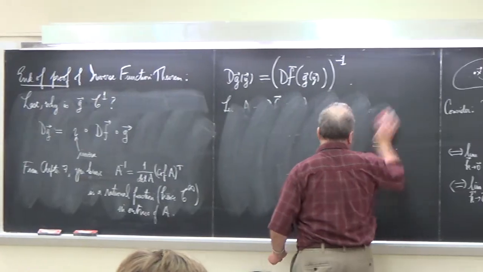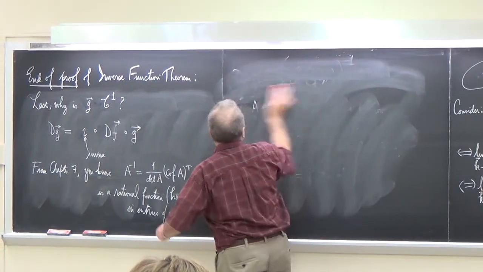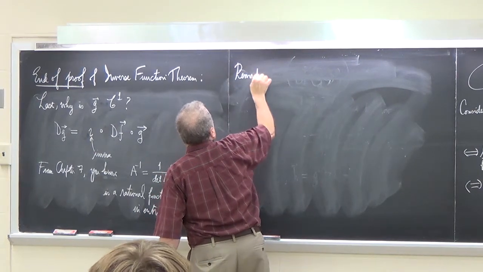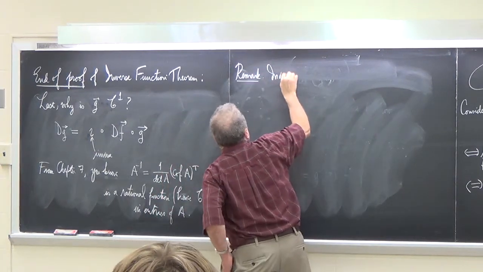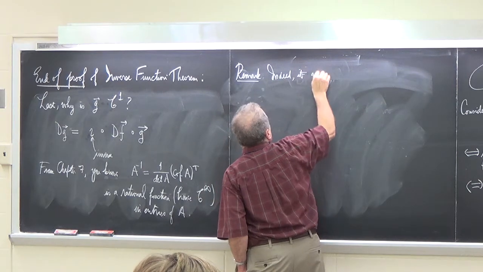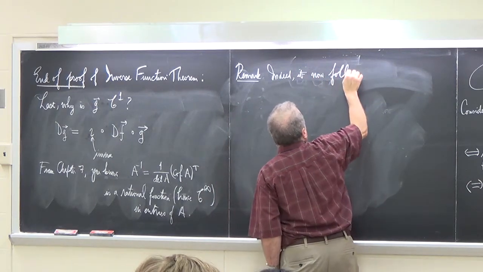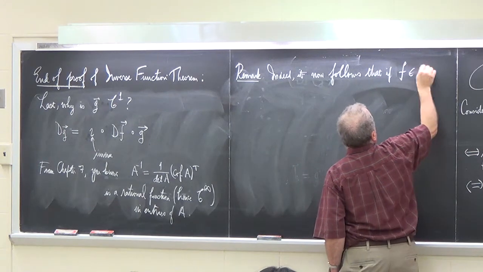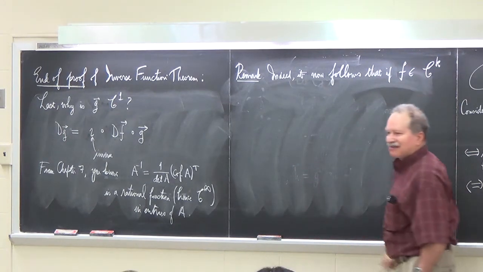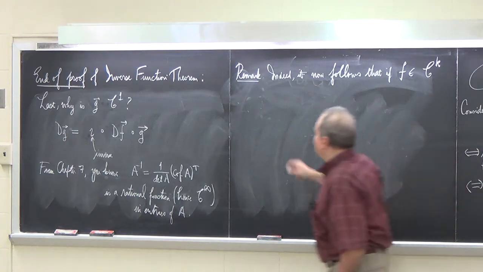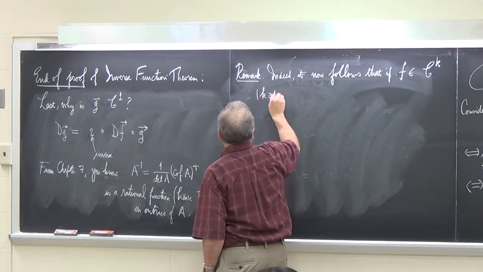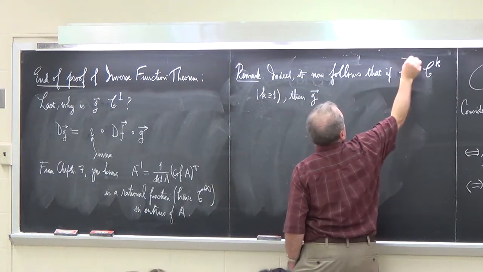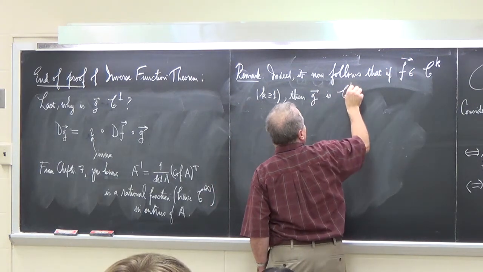So the remark actually is, indeed, it now follows that if f started off C^k for some k bigger than 1, then g is C^k.